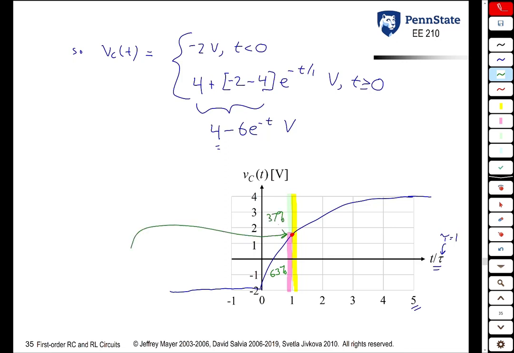So the value after 1 time constant, VC of 1, is what? It is the old value, which is minus 2, plus 0.63 times the new value, the final value, minus the old.